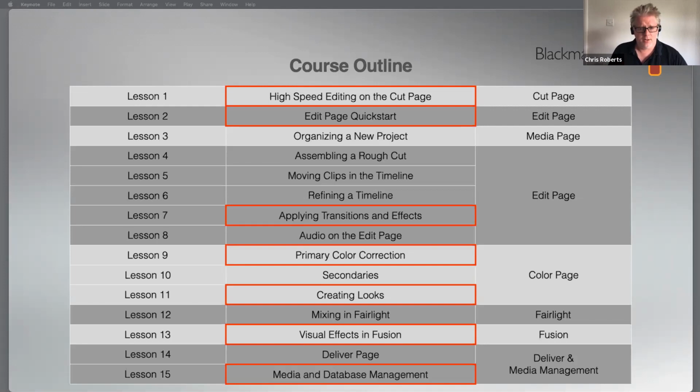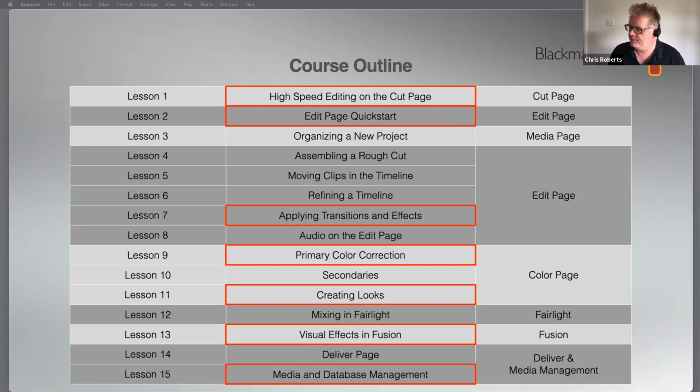So we are going to look at lesson 1, which is high-speed editing on the cut page. We're also going to look at the new edit page quick start. There's something in the applying transitions and effects lesson which we will touch on. I want to draw your attention to that. Also things in primary color correction and the creating looks lessons as well. The visual effects in Fusion lesson has been completely rewritten for this version of the book.